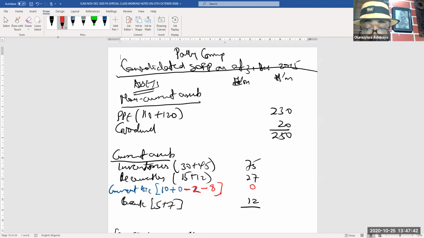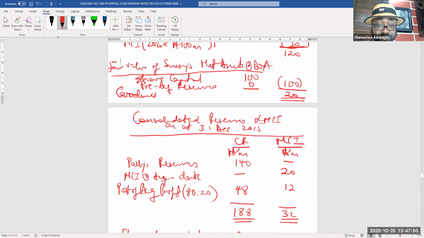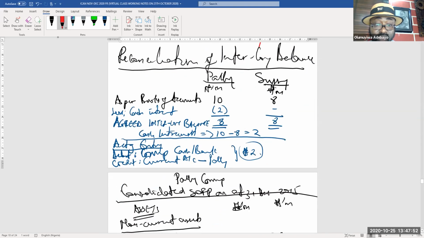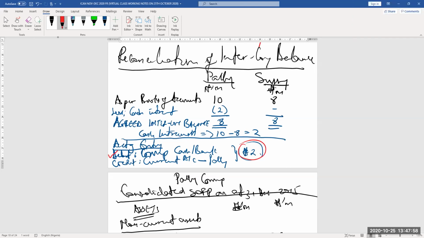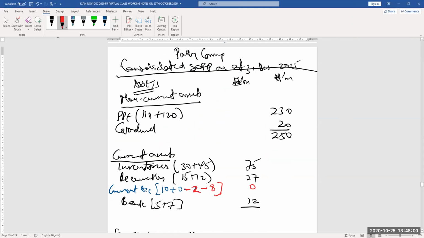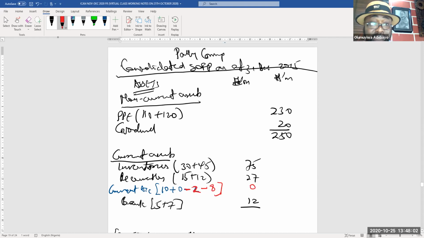At the end of the day, what do we have here? Don't forget, what do we say about our bank balance? What will happen to your bank balance? It will increase by what? By 2. Because that cash before was hanging in the bank, like I explained in the case of GTB and Zenith.